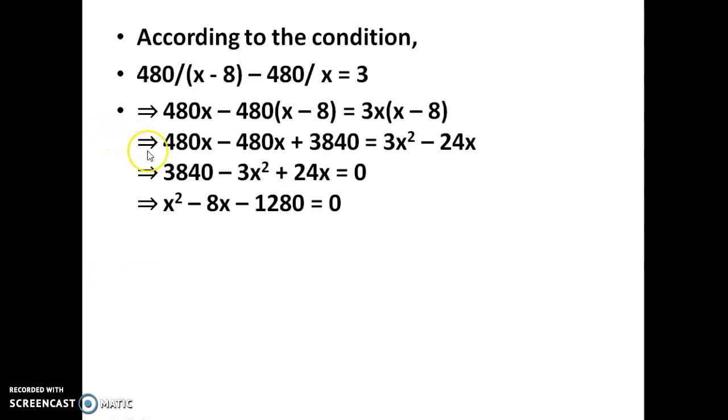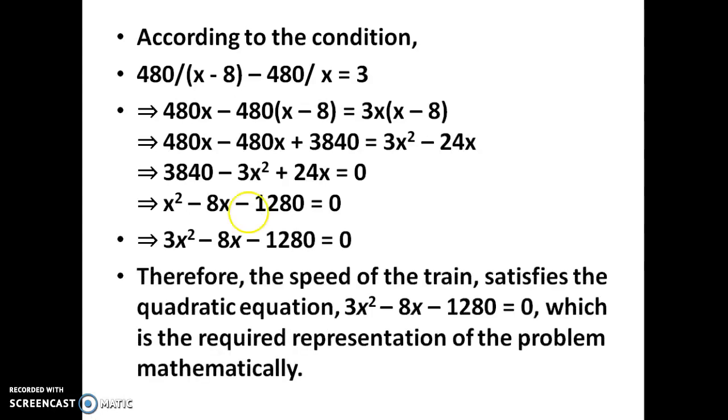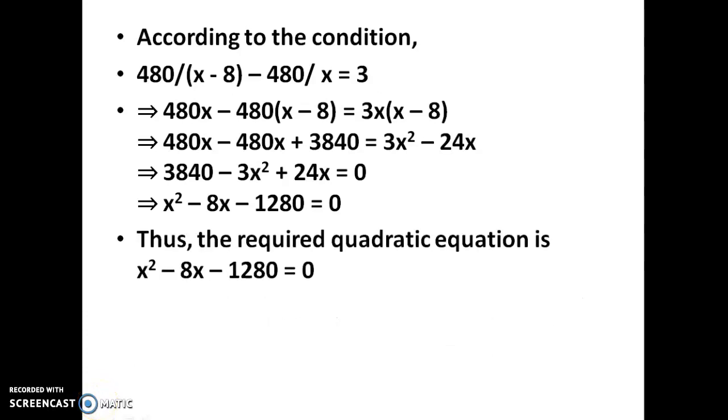How this came is because all the previous terms are divisible by 3, so divide by 3 and you will get this quadratic equation. Now I corrected it. Thus the required quadratic equation is x square minus 8x minus 1280 equal to 0.